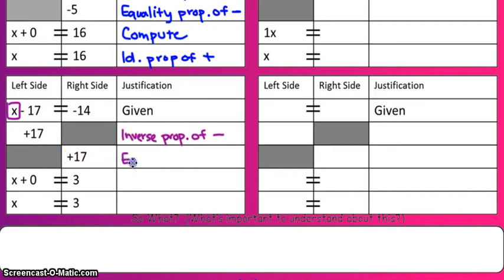That's the equality property of addition. Then we compute. Minus 17 plus 17 is 0. Negative 14 plus 17 is 3. To go from x plus 0 to x, that's the identity property of addition.